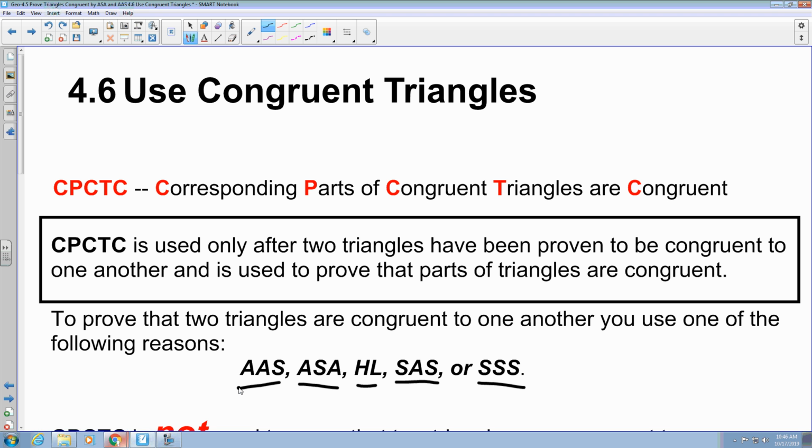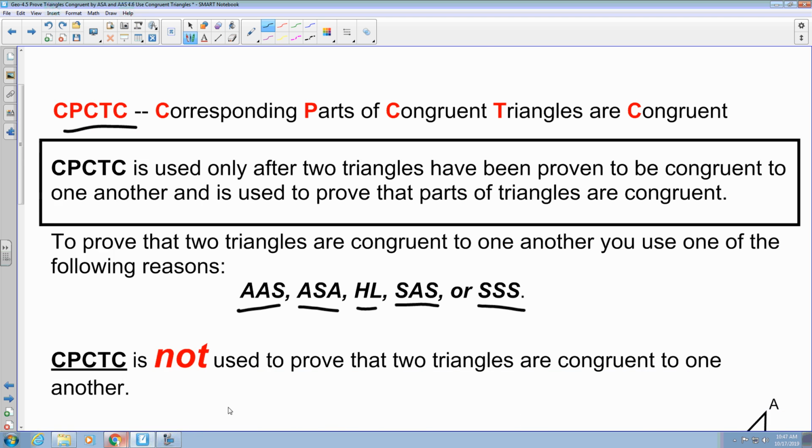And it doesn't directly tell you that those respective sides or angles are in fact congruent. But once you prove that two sets of triangles are congruent using one of those theorems or postulates, we can then say that those angles or sides are congruent by what is called corresponding parts of congruent triangles are congruent, or CPCTC.